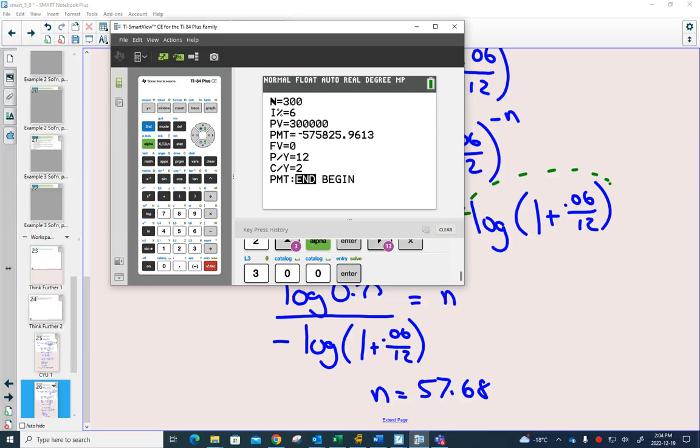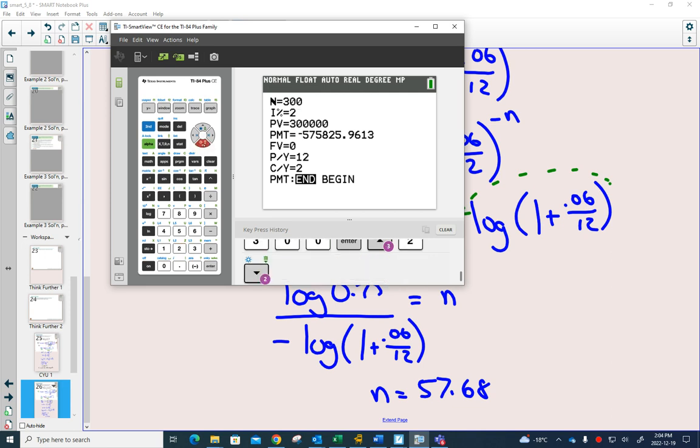But look, okay, remember this number, 575. Okay? A year ago, you could get a mortgage for 2%. So let's see what difference 2% makes compared to 6%. We started with 300,000.